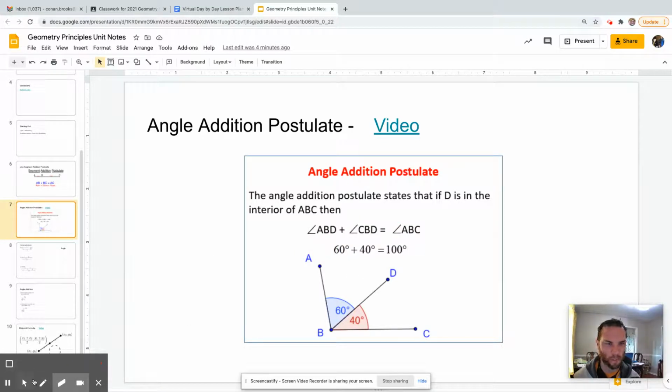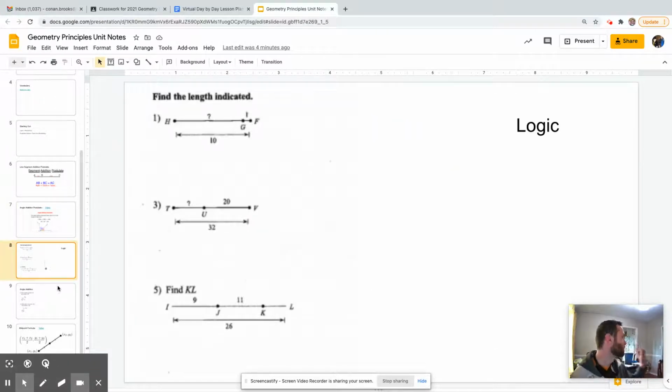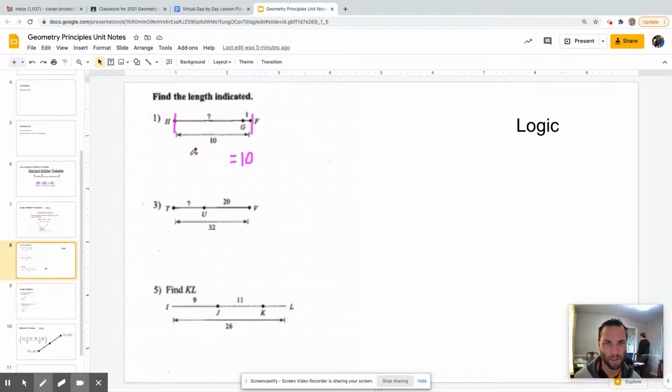Okay, so let's look at the worksheet now. And here's the worksheet that we got today. So this says that the total line segment is 10, and part of it is 1. So it's really the one segment plus the unknown segment is equal to 10.